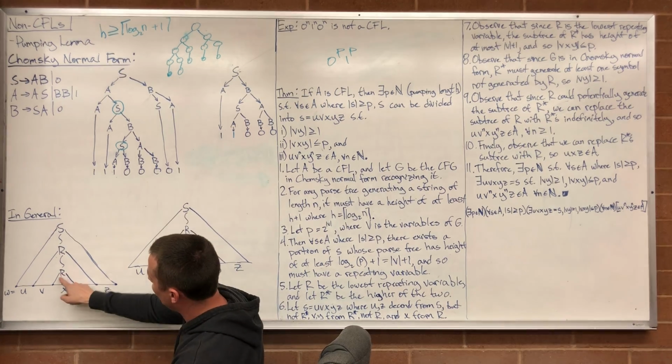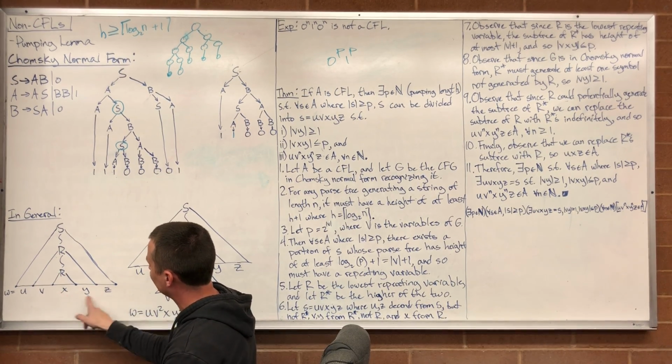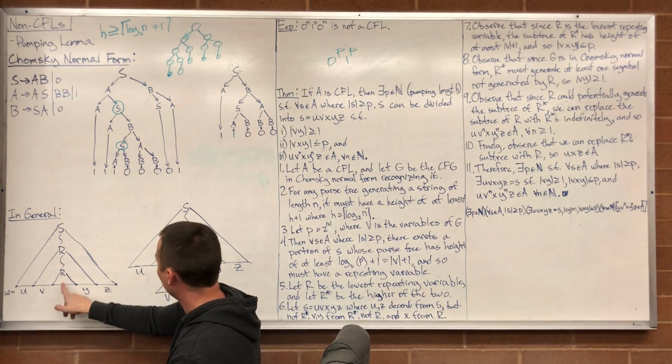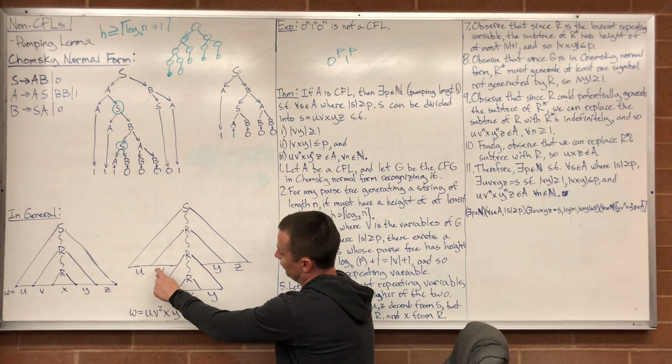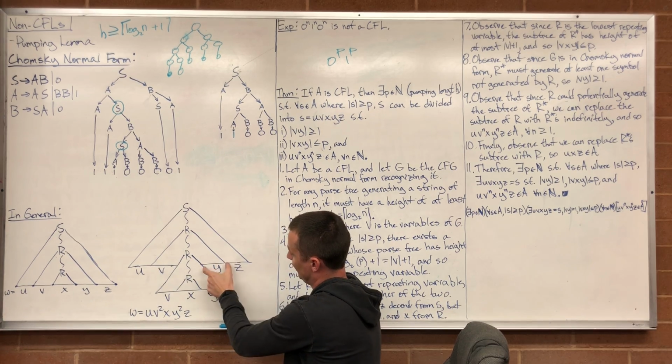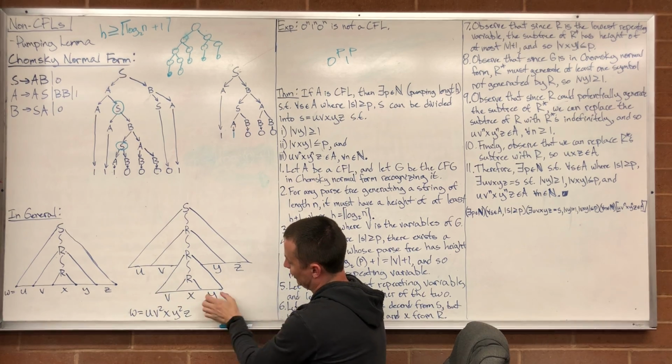We could have said instead of R just generating X, this R could have also generated VXY, same as this R. So we can replace it and make it look something like this. So that R still generates V, whatever that R does, and Y. But now this R, instead of just generating X, it generates VXY.